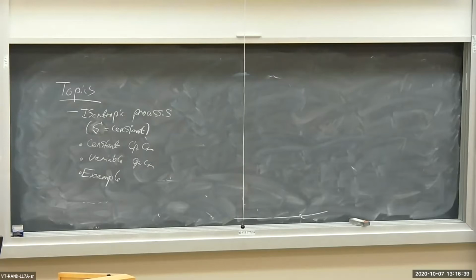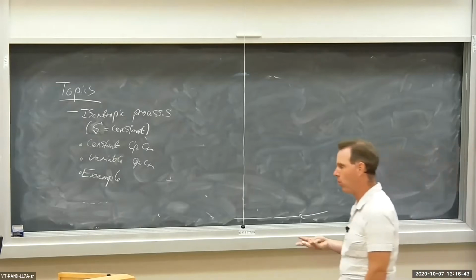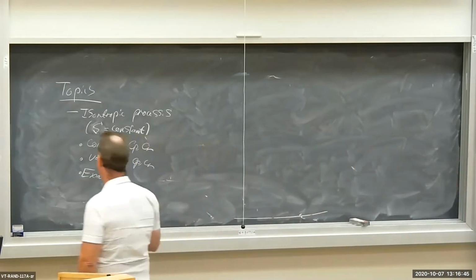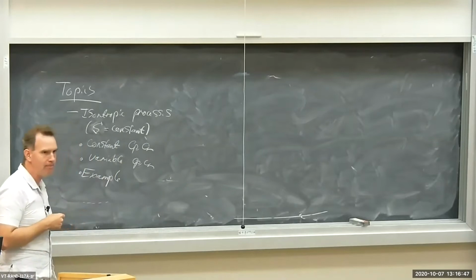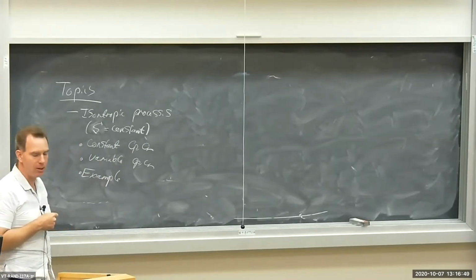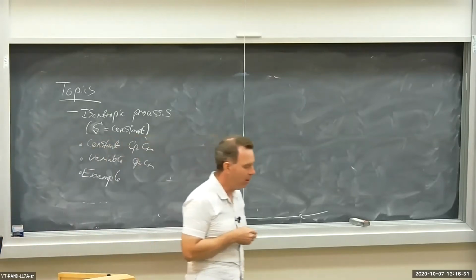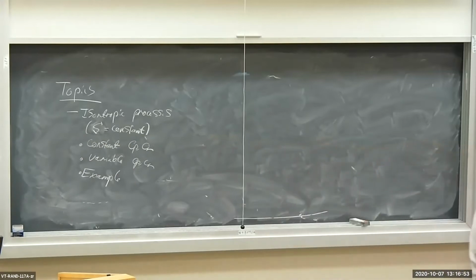So remember, we had isobaric, isothermal, isochoric, adiabatic, isentropic, so constant entropy or no change in entropy process. Delta S is equal to 0 or constant over the process.